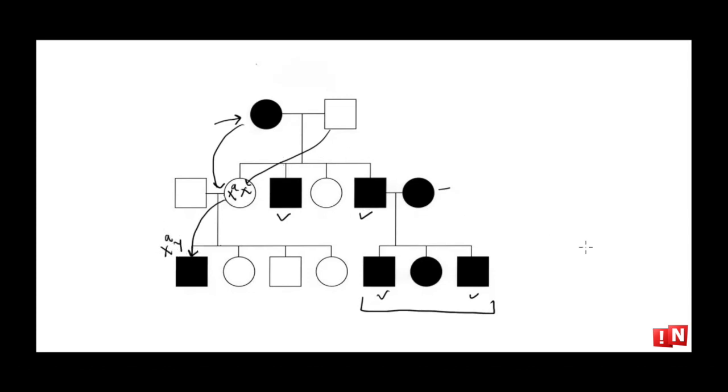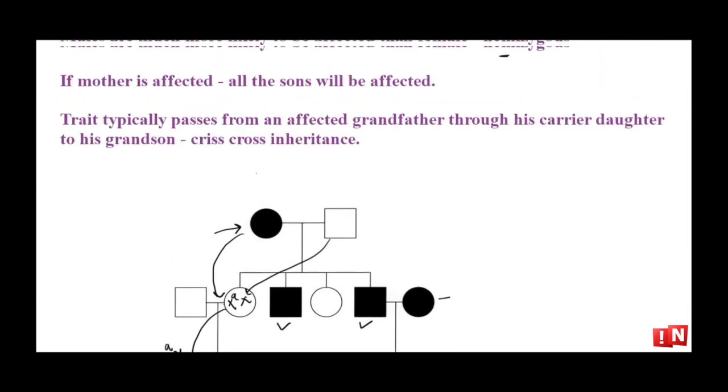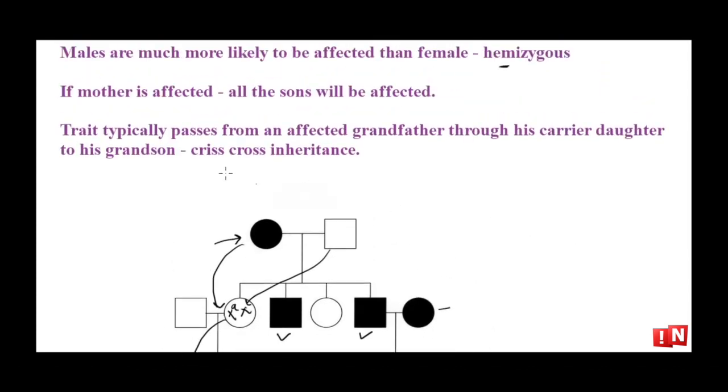So this is how X-linked recessive looks, and there is one peculiar characteristic about X-linked recessive, that we observe: a crisscross inheritance. What happens is, if you have a normal mother but an affected father, they have one female and one male. The male definitely is going to be normal, but the female would be a carrier, right? She gets this from her father and one normal X chromosome from her mother. So she is a carrier.